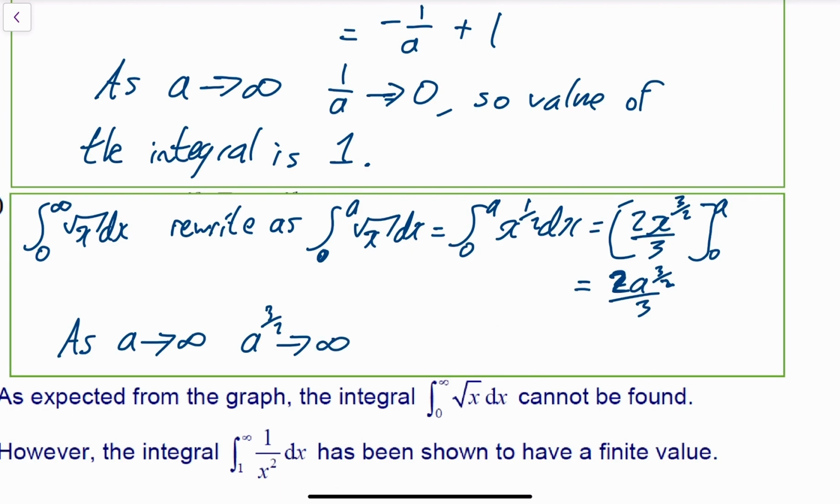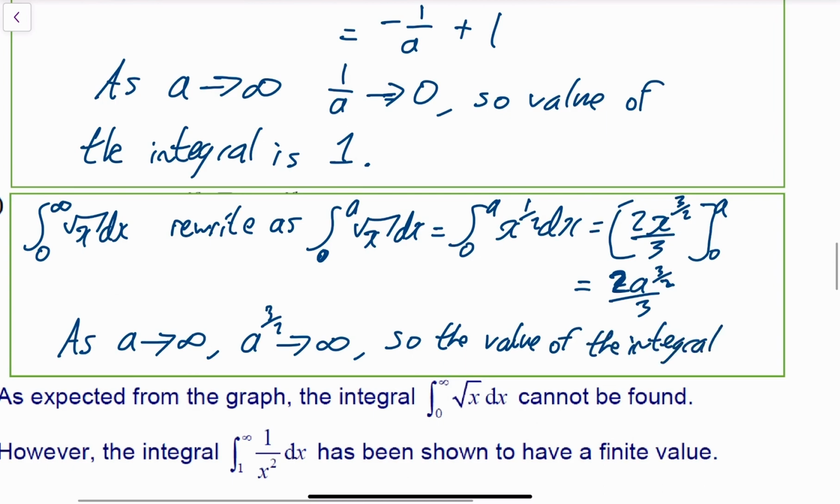So this whole thing is going up to infinity, which means it's still problematic. So the value of the integral cannot be found.